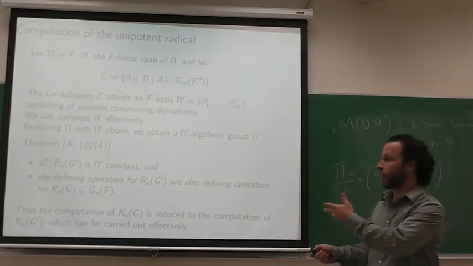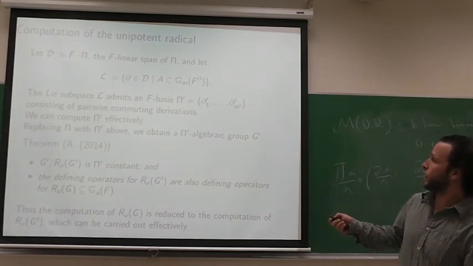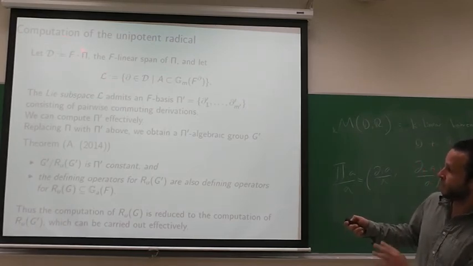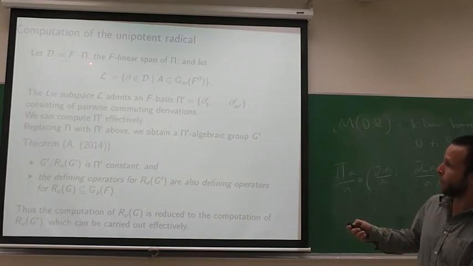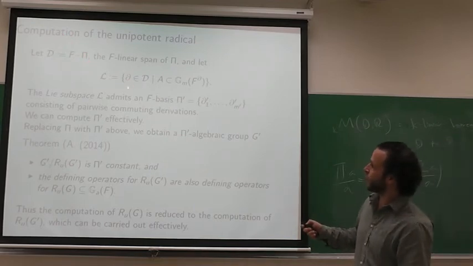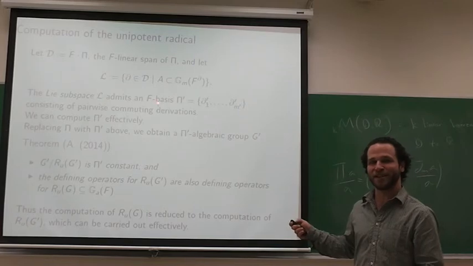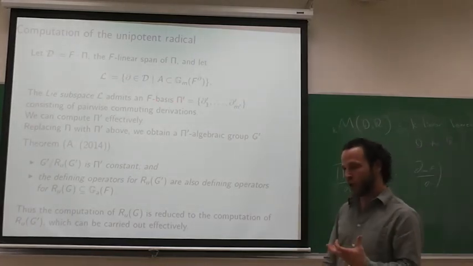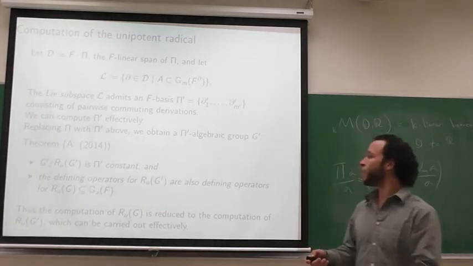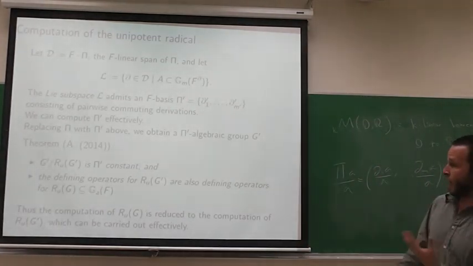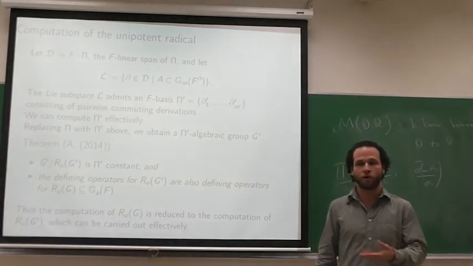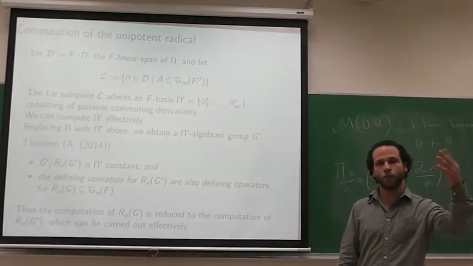But you can reduce to that case with this result. So if you find all the derivations in the vector space spanned by pi, all the derivations that think that A is pi constant, you can find a basis of commuting derivations for that subspace. That's my pi prime. And now, if I forget about pi and think of pi prime as a set of commuting parametric derivations, I can do everything we just did.